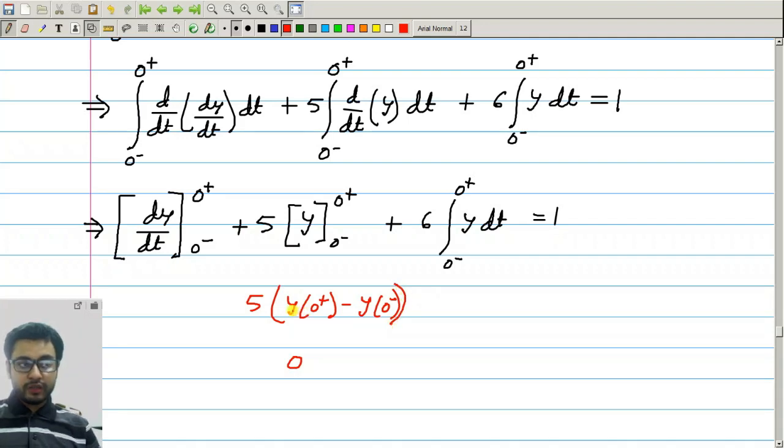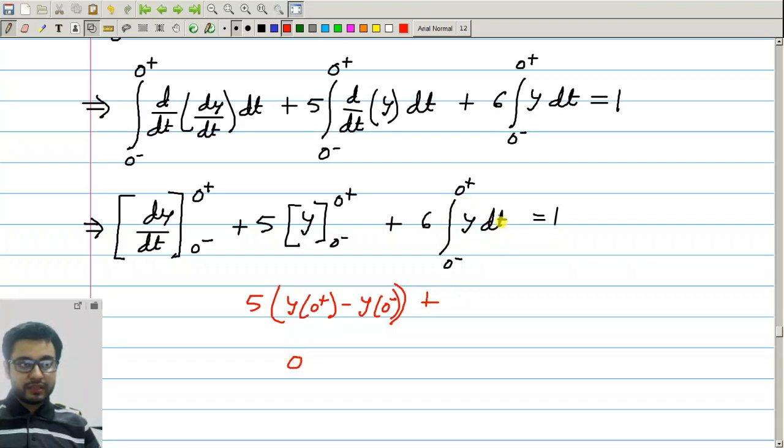Therefore, y should be continuous and its value should be same before 0 and after 0. So this term will become 0.